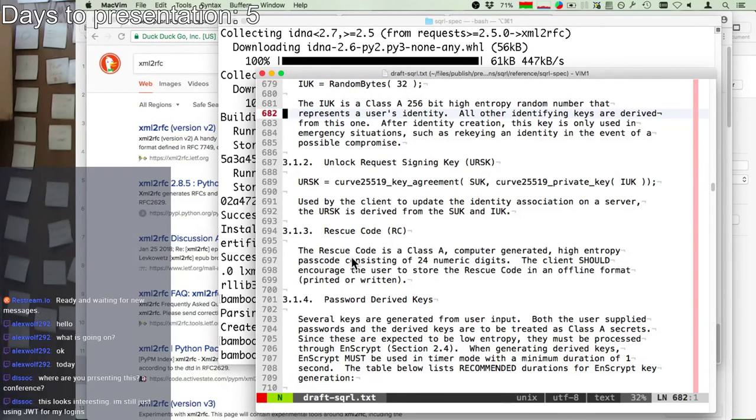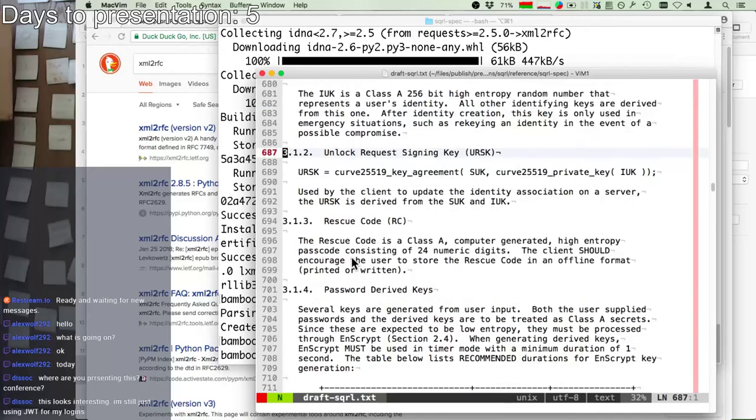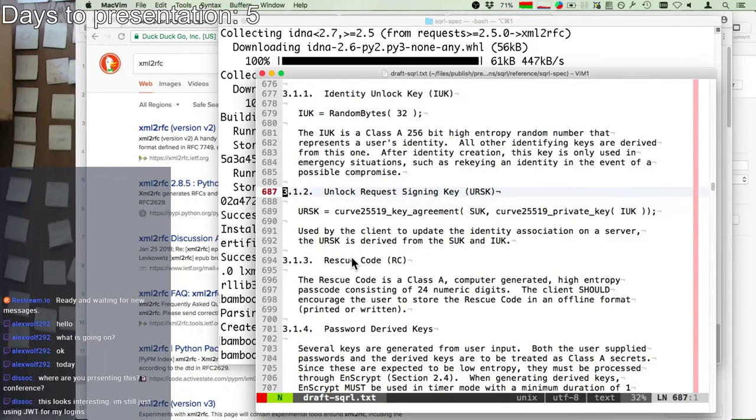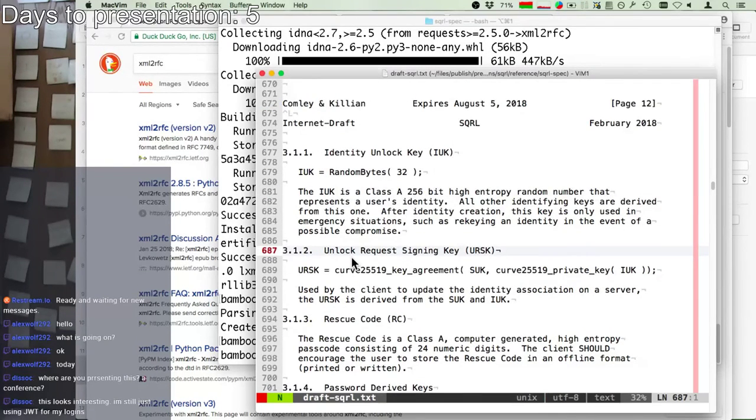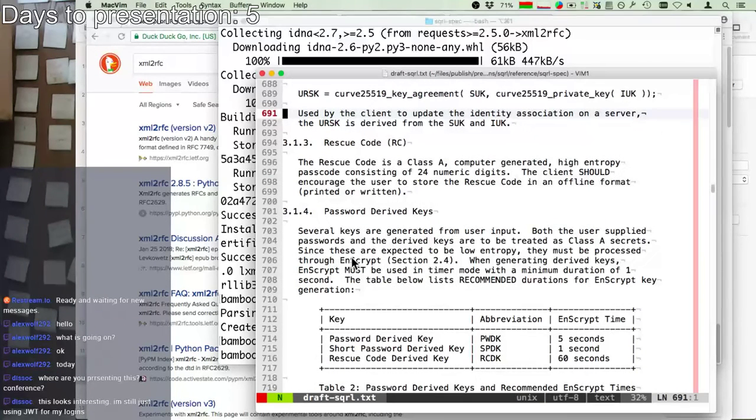Yeah, I don't really have anything there. Alright, private key. It's actually a private key. Unlike request sign key, okay, that makes sense.